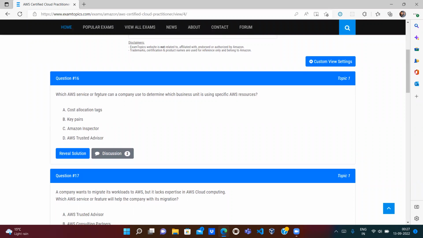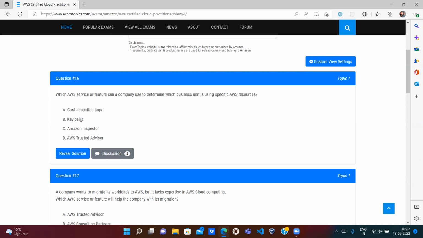Which AWS service or feature can a company use to determine which business unit is using a specific AWS resource? The options are cost allocation tags, key pairs, Amazon Inspector, and AWS Trusted Advisor. If we want to know which department is using which resource, we can tag those resources, so we can use cost allocation tags.